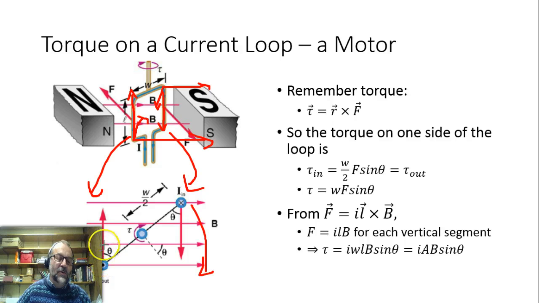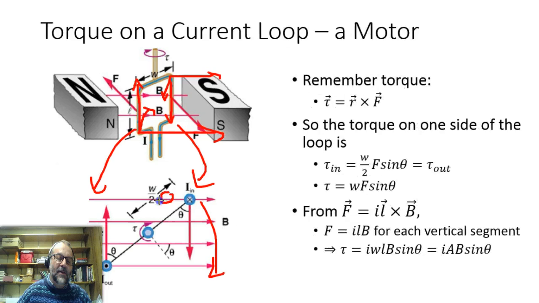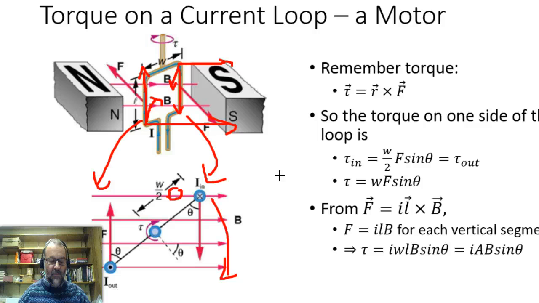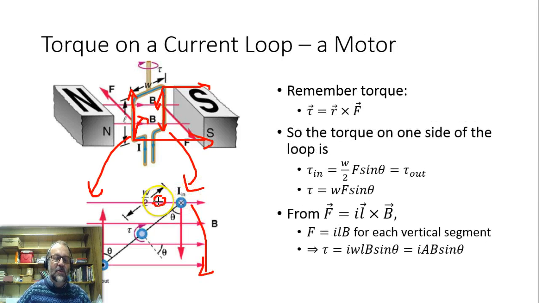Now what happens when this rotates and you get up to where the current is here and down here, so we've crossed the midpoint, and now this piece is swung down to here, and that piece is swung up to there.